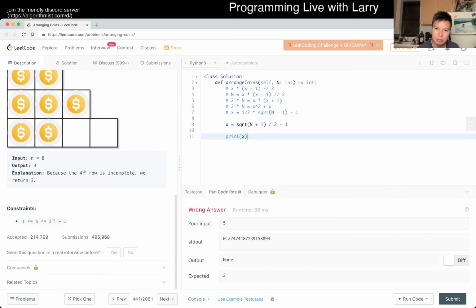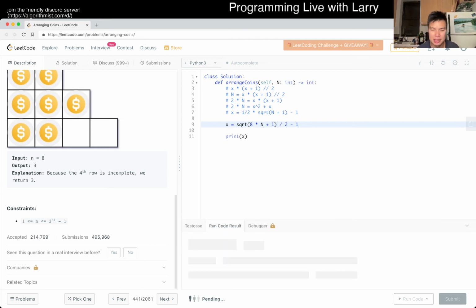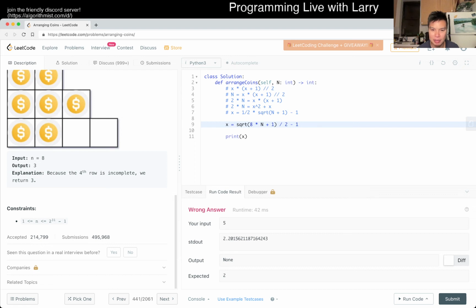No. Oh, wait, I'm missing an 8 somewhere. Okay, yeah. Oops. This is really off. But apparently copy and paste is also a hard skill, so I think now we can just return the int of this, and we should be good, because now we're rounding down.